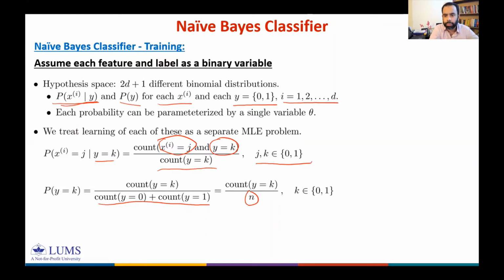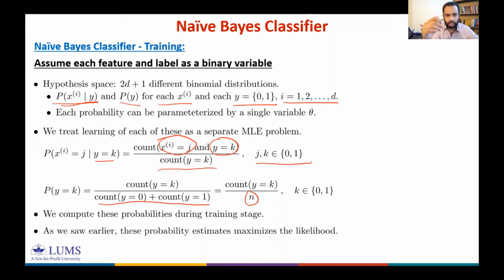We compute these probabilities during the training stage. As we saw earlier, these probability estimates maximize the likelihood function, so we are computing these estimates by solving a maximum likelihood problem for each i.